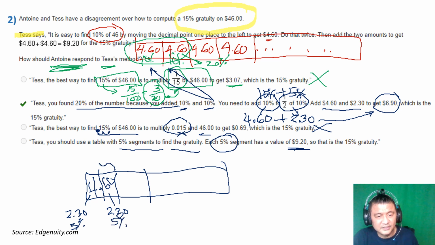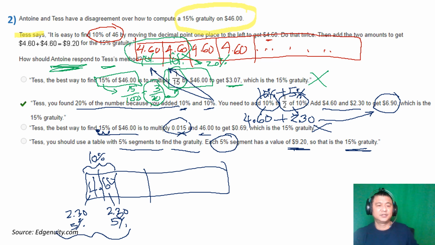These two are the 10%. So, you should use the table with 5% increments, and that's going to be 15. Do these two represent 15%? No, they don't. So totally, that is wrong. So the correct answer is this one.